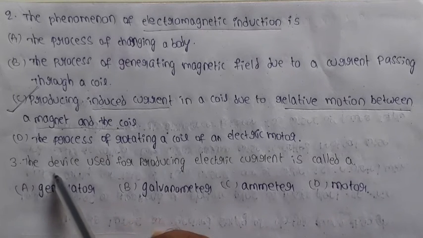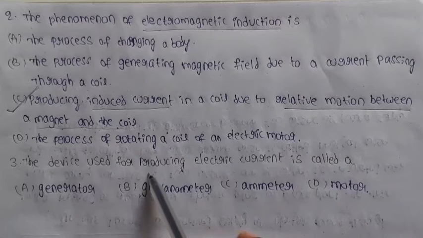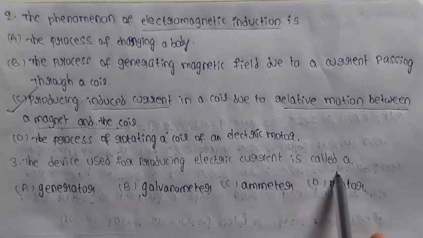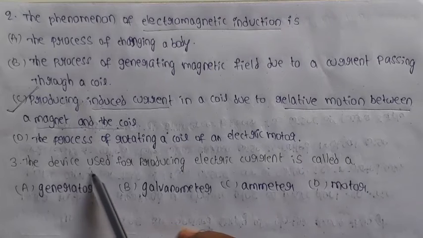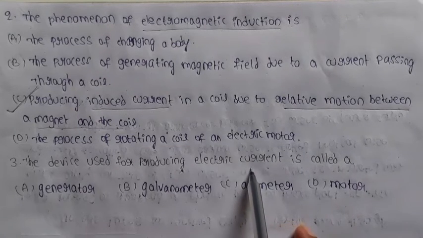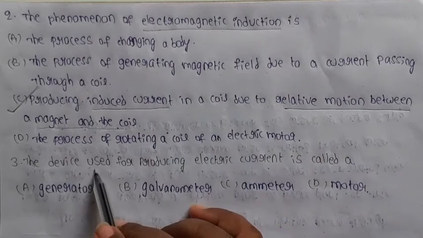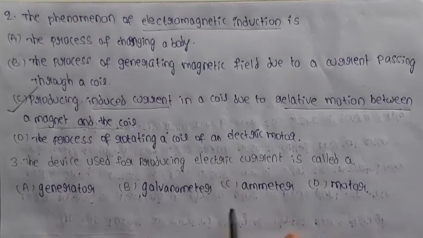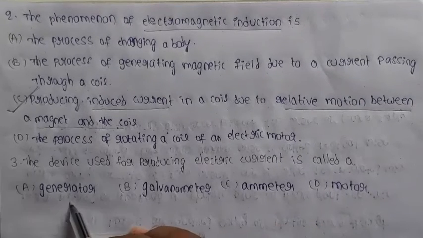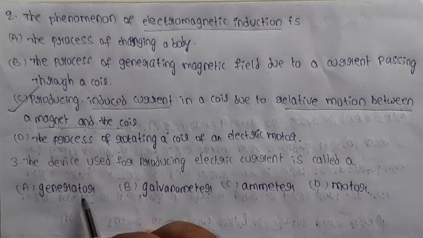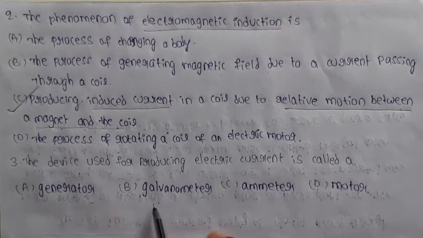Next, third question. The device used for producing electric current is called. Here, using the device producing of electric current. What is that device? Generator. By using the generator we produce direct current or alternating current.